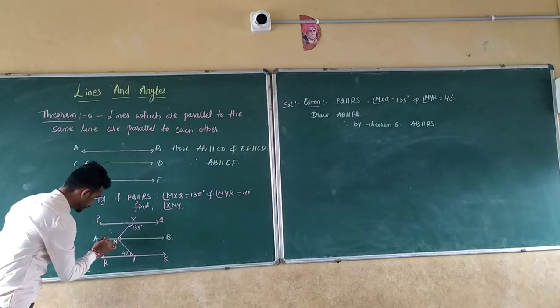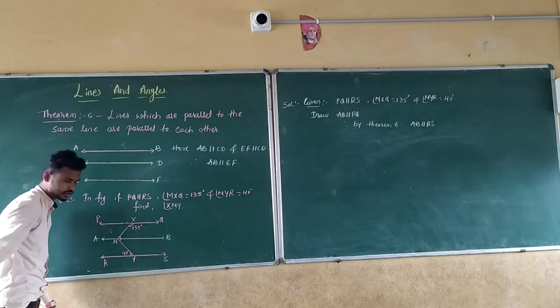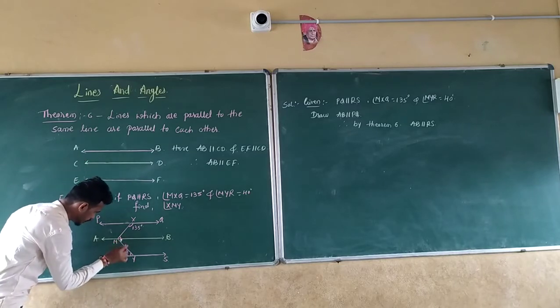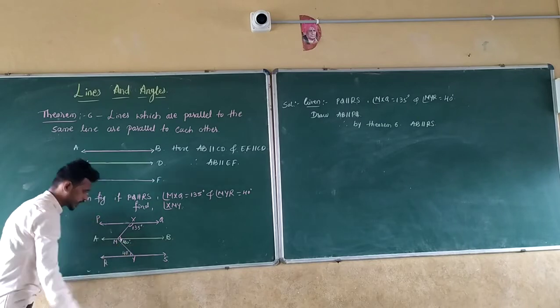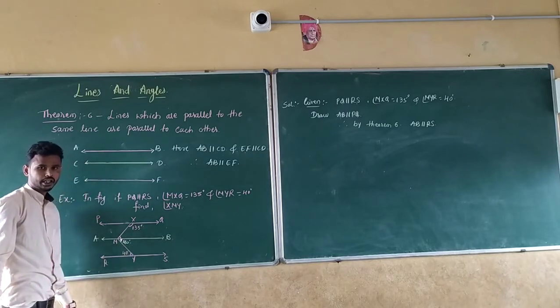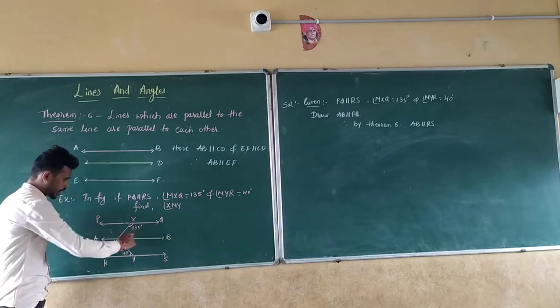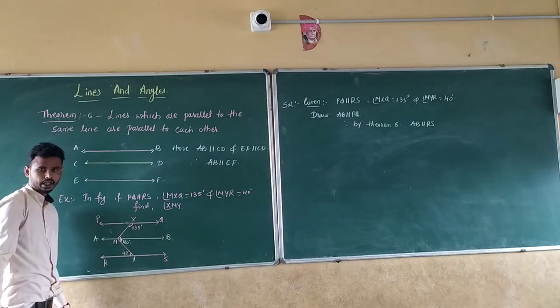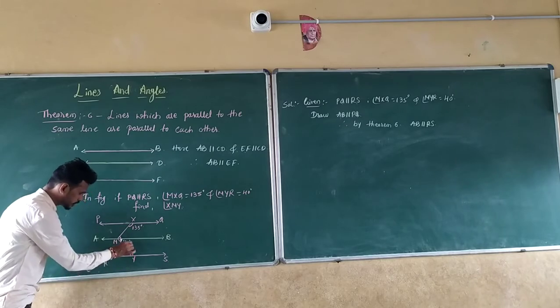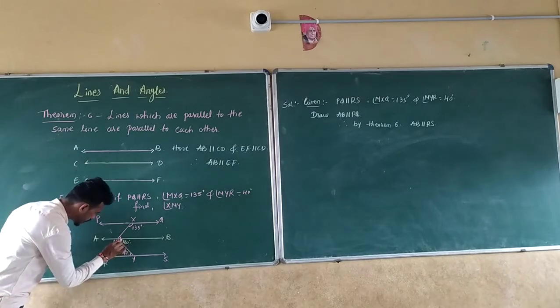So now, if AB is parallel to RS, then this angle will become how much? 40 degrees. Because which type of angles are these? Alternate interior angles. If two parallel lines are cut by a transversal, then alternate interior angles are equal. Means this is 40, so this is also 40. So you got this angle.